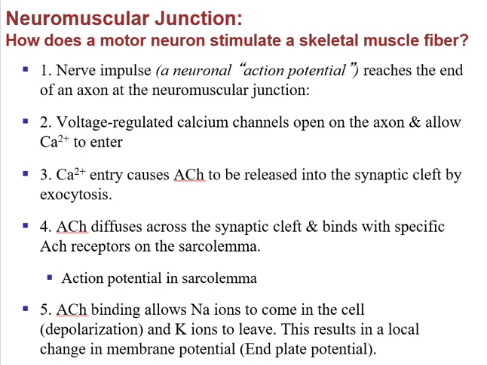Calcium entry at the axon terminal is going to cause acetylcholine release by exocytosis from synaptic vesicles. The acetylcholine will then travel across the synaptic cleft and bind to specific acetylcholine receptors that are on the junctional folds of the sarcolemma. That's going to be when we have the action potential in the sarcolemma, because it initiates sodium influx, or a local depolarization, and that's going to change membrane potential in the end plate on the sarcolemma.